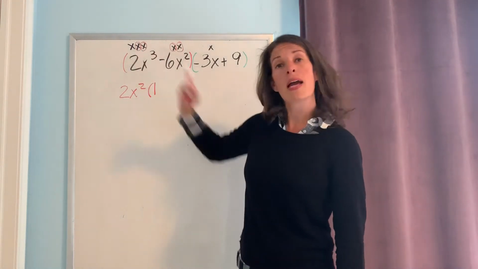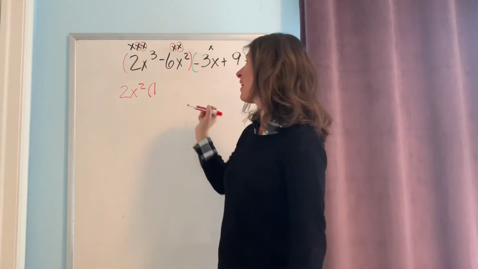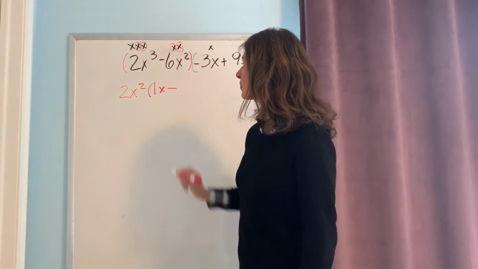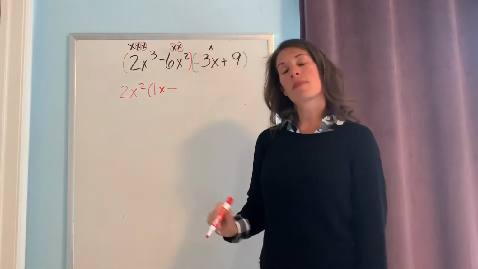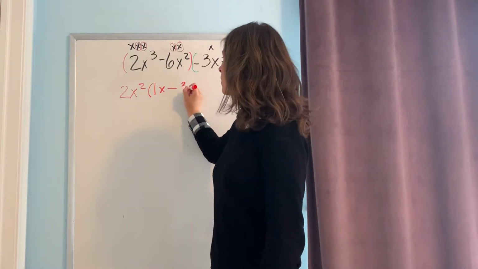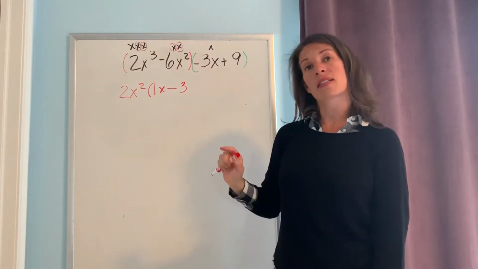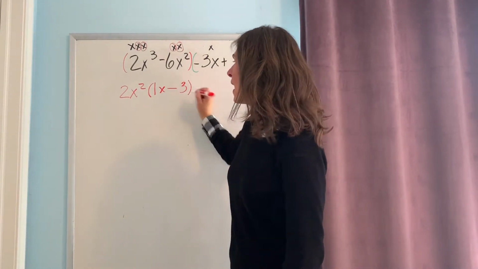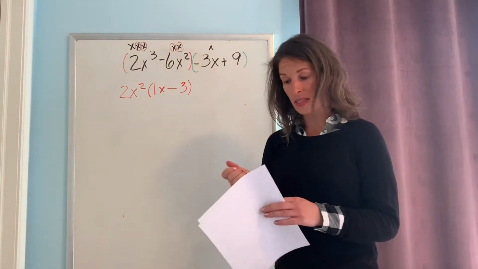I took 2 x's out, and I have 1 x left. A minus 6 divided by 2 is 3. I had 2 x's, and I took 2 x's out, which means that I don't have any more inside my parentheses.